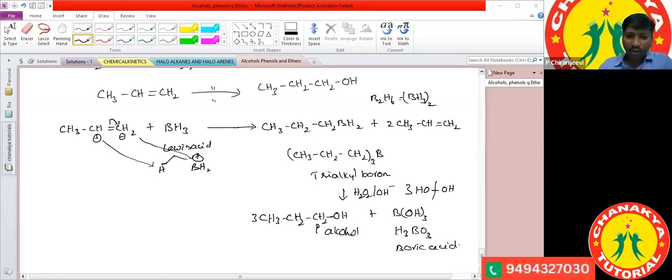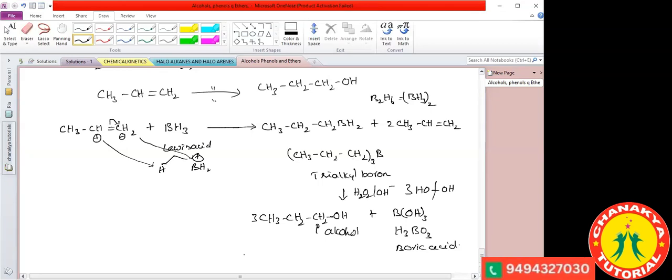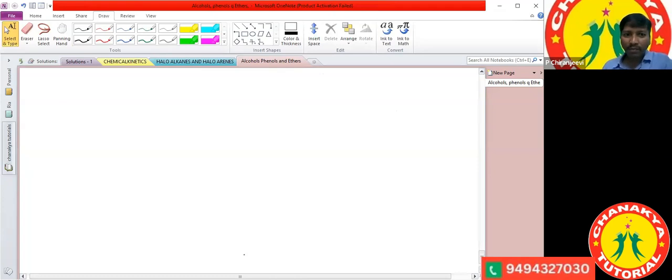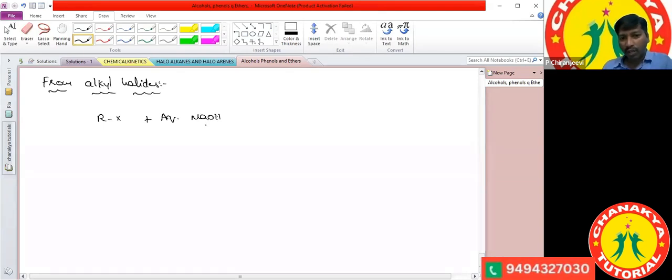Then, Ritu, what are the other methods we use in the preparation of alcohols? From alkyl halides also we can prepare, right? We already discussed this one. How can we prepare alcohols from alkyl halides? R-X plus aqueous NaOH or aqueous KOH or silver hydroxide.